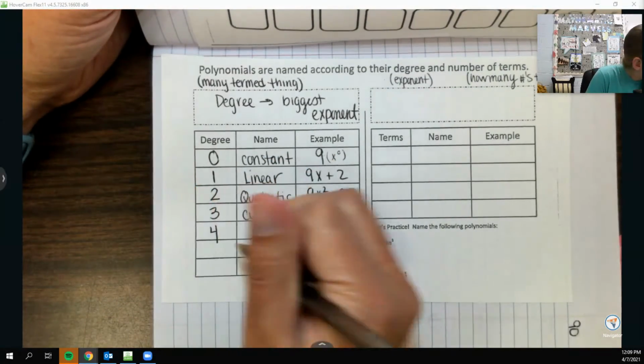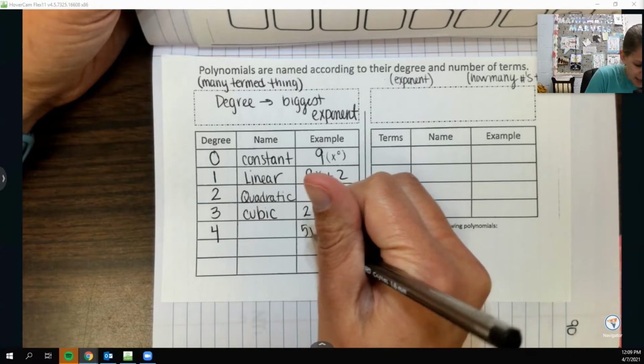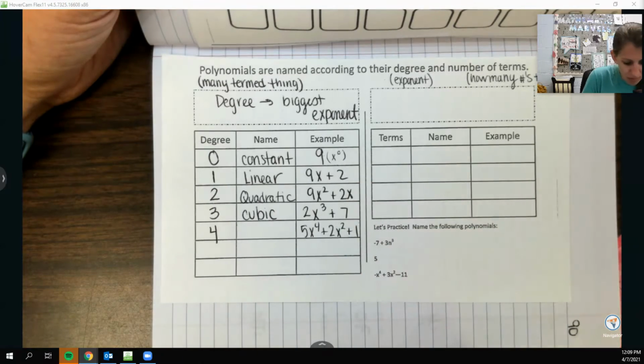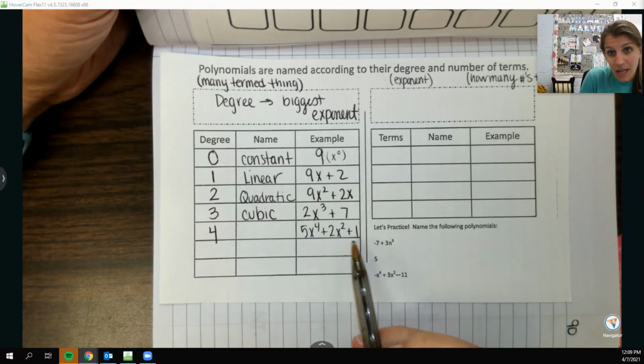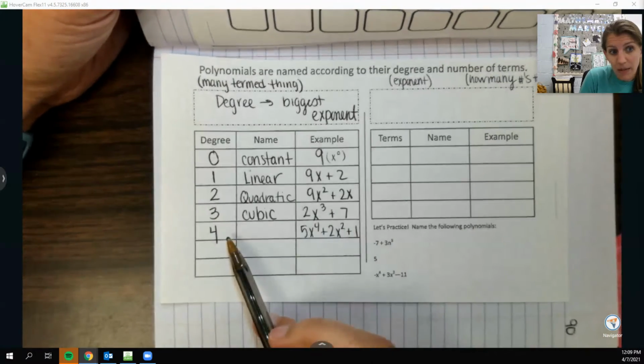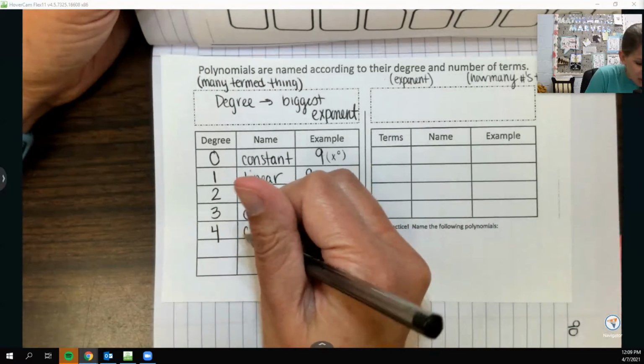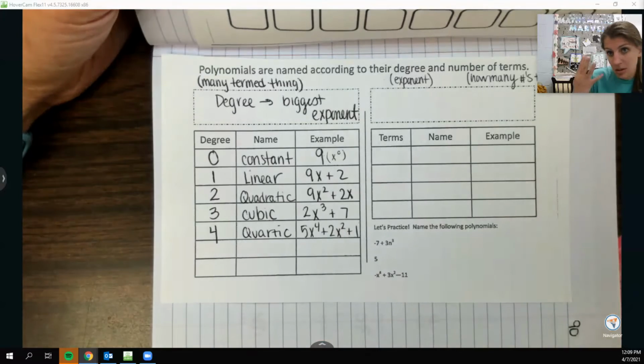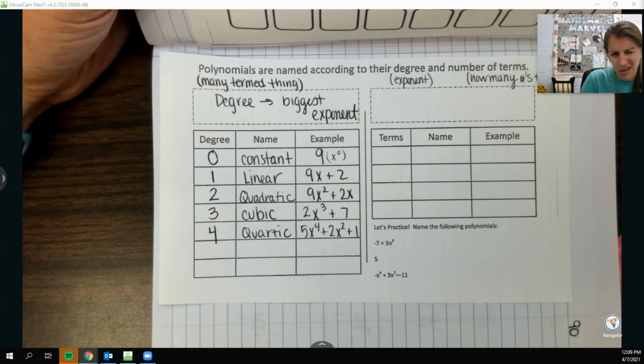When the biggest degree is 4, something like 5x to the fourth plus 2x squared plus 1, if I look through all my exponents, the biggest one is 4, so I'm naming it based on that, and that is quartic. I always think quarts. There's 4 quarts in a cup, liter, I don't know, but 4.